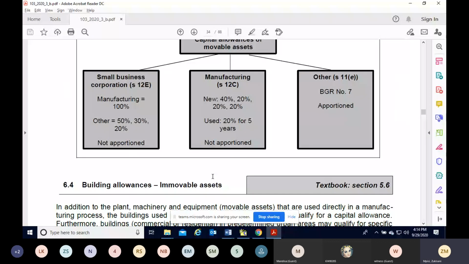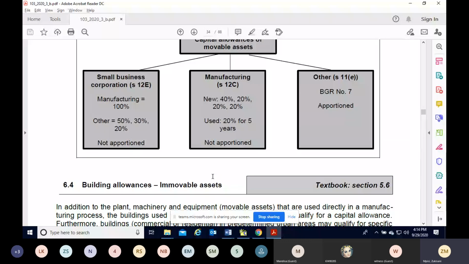5.3.1. This is also a part of the assignments which you had. Of course, I'm not at liberty to talk about the assignment until the 2-week period has been exhausted since submission. But there is a nice sentence that says, no wear and tear allowance is granted on an asset that is written off in terms of Section 12C.